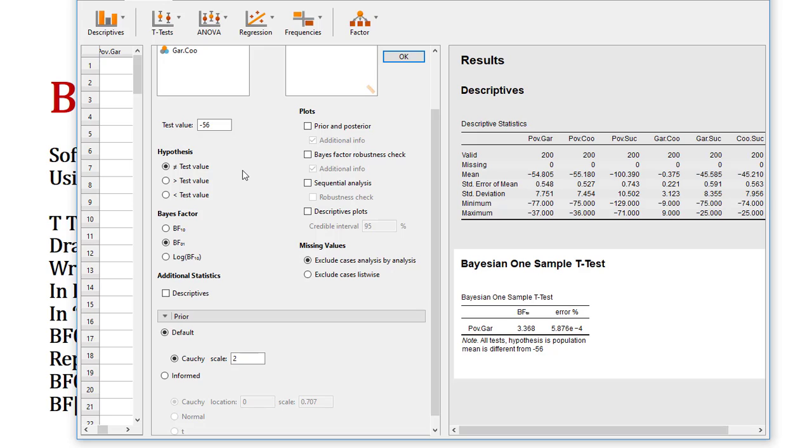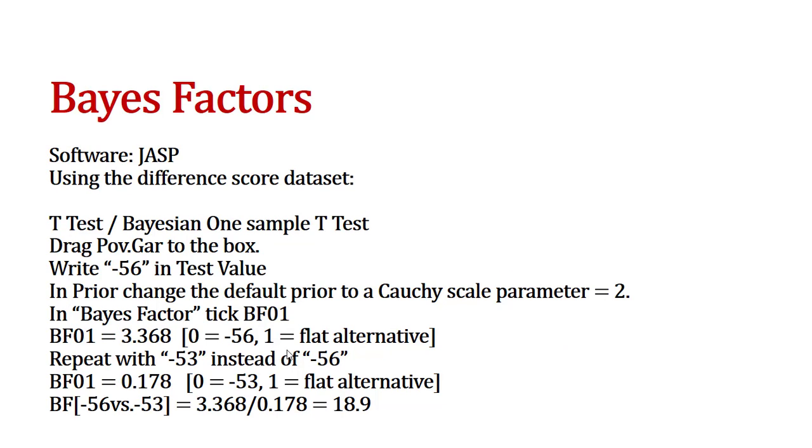But how much higher? Well, we have to obtain now the ratio of the Bayes factors of those two models. We've got 3.368 for minus 56 and 0.178 for minus 53, and we obtain a Bayes factor that compares these two models. So 3.368 divided by 0.178 is 18.9, almost 19.